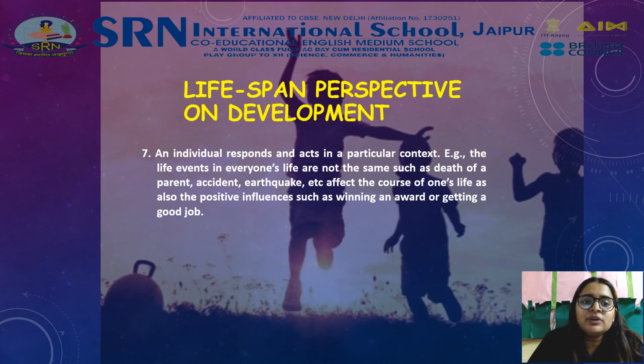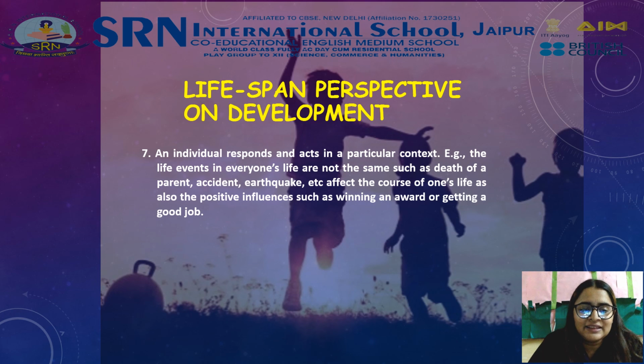An individual responds and acts in a particular context. For example, the life events in everyone's life are not the same, such as the death of a parent, an accident, an earthquake, etc., which affect the course of one's life, as also positive influences such as winning an award or getting a job.